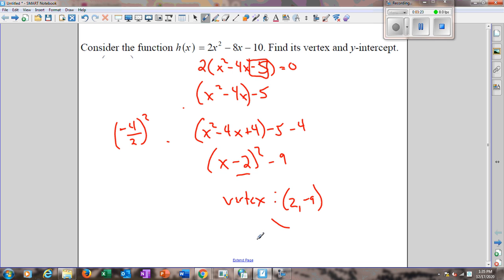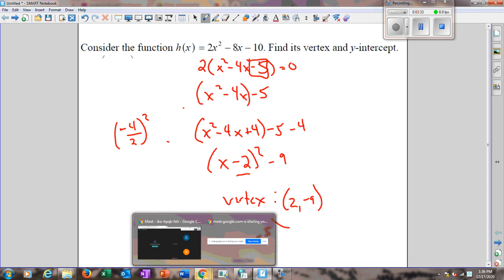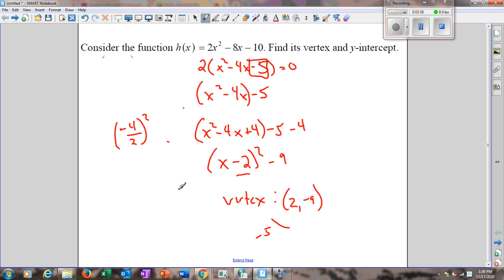So that's going to be negative 5. Another way I could do this is to just graph it in Desmos and find my vertex and y-intercept. So that's our first one.